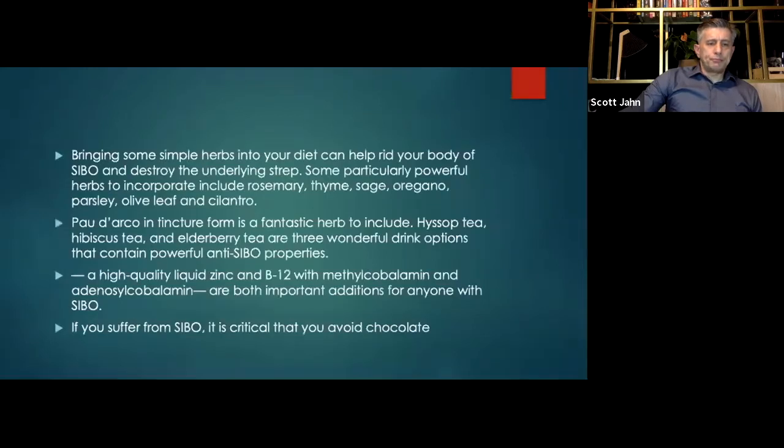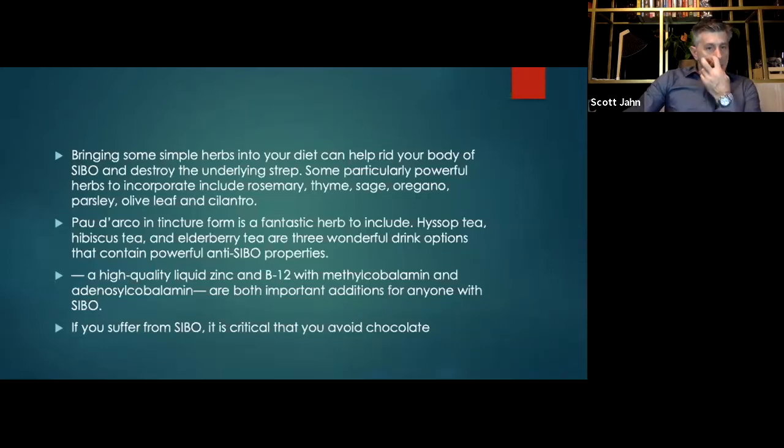There are some other herbs that are noteworthy with dealing with SIBO: thyme, sage, oregano, parsley. We already mentioned olive leaf, and cilantro. And that Pau D'arco tincture is a collection of herbs, I believe.